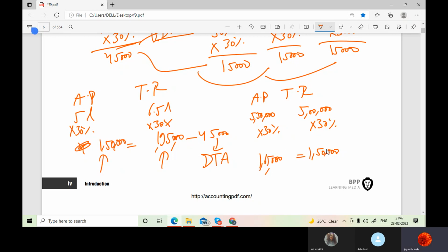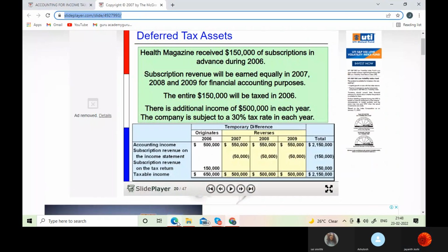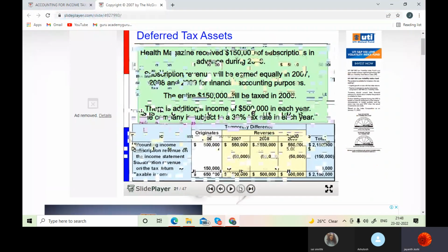And then you have paid less. Here it is more. So again, what difference is created? 15,000. That means reversal of DTA has happened by 15,000 in the coming year. Next year, again 15,000, and the next coming year, again 15,000, because the amount would be the same. So let's now go for the journal entries.